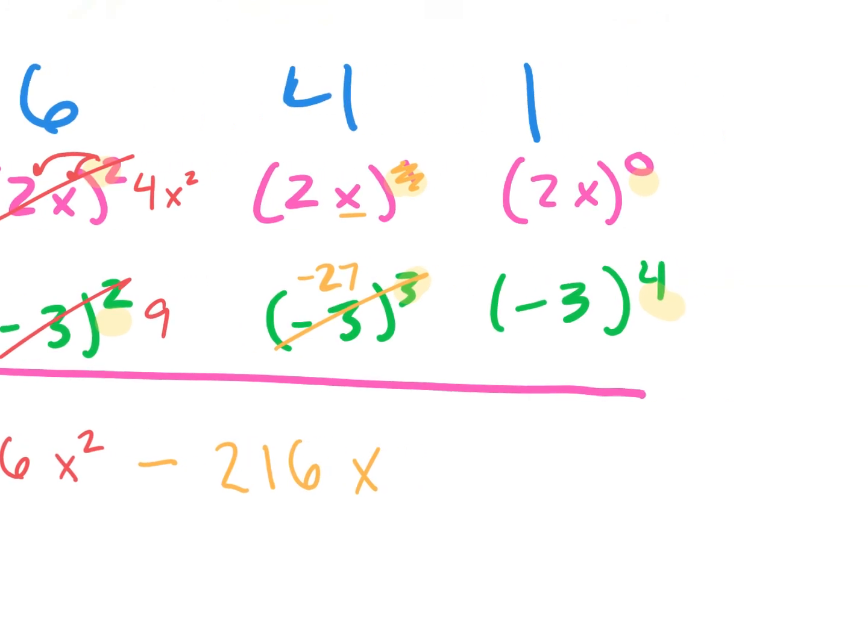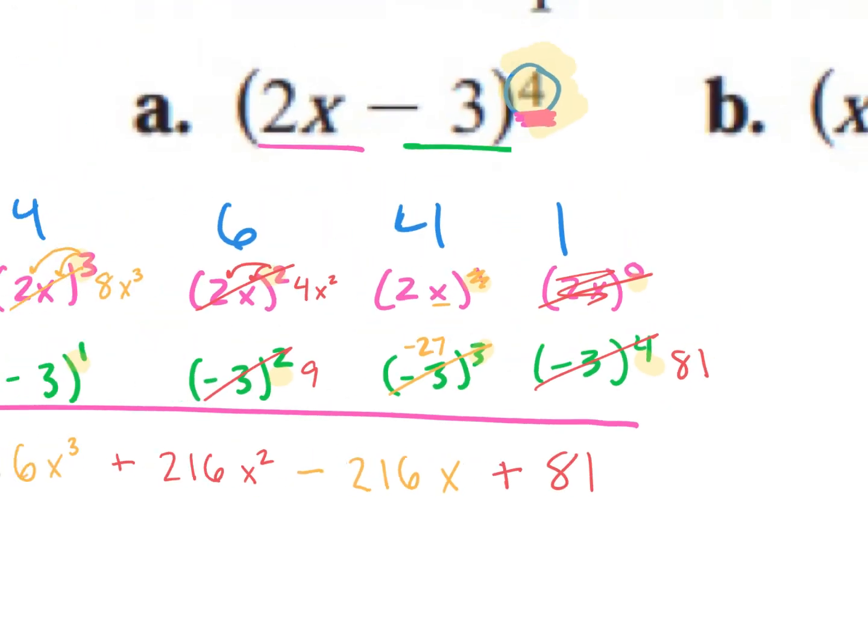And then the last one. What is 2x to the power of 0? 1, so that'll cancel. And then what is negative 3 to the fourth power? Positive 81. So this is 1 times 81, which is 81.